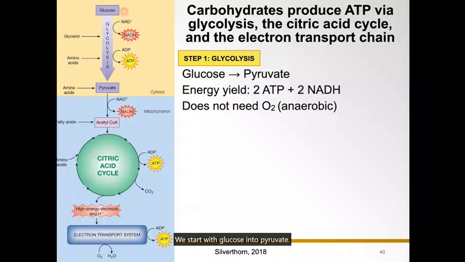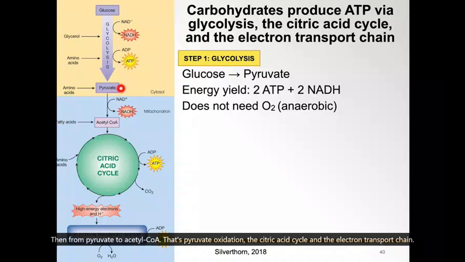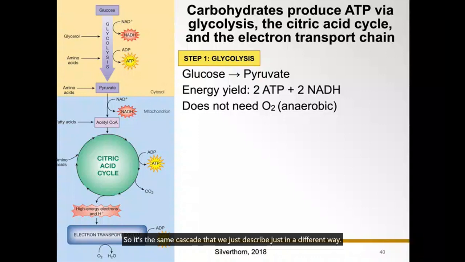We start with glucose into pyruvate. That's step 1. That's your glycolysis that we just described. Then from pyruvate to acetyl-CoA, that's our pyruvate oxidation, the citric acid cycle, and the electron transport chain. So it's the same cascade that we just described, just in a different way.